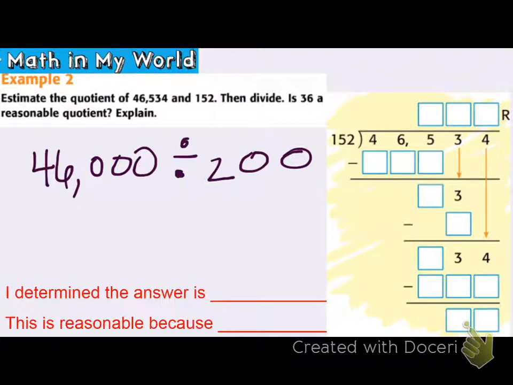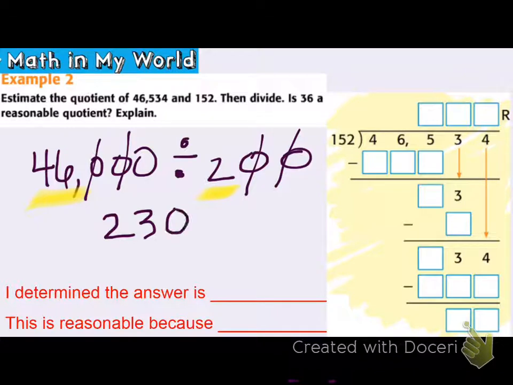I want a quick answer that I can reference at the end to see if it's reasonable. So I can do 2 divided into 46, and so that allows me to do that mental math. I know 2 goes into 4 2 times, 2 goes into 6 3 times. Okay, and I know these zeros will cancel out. So the answer would be close to 230.